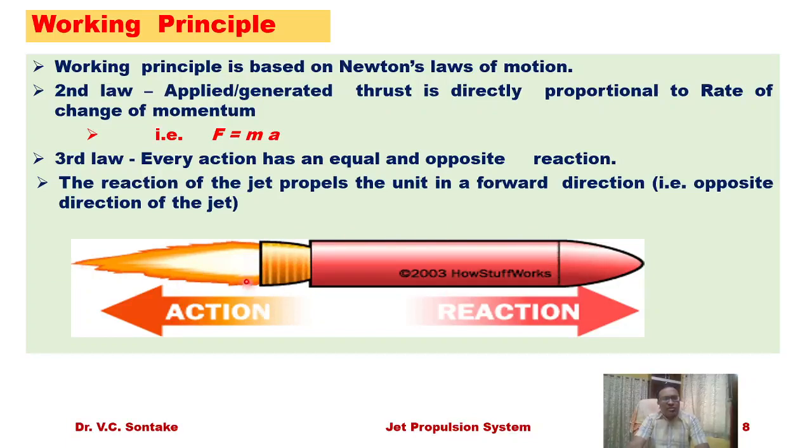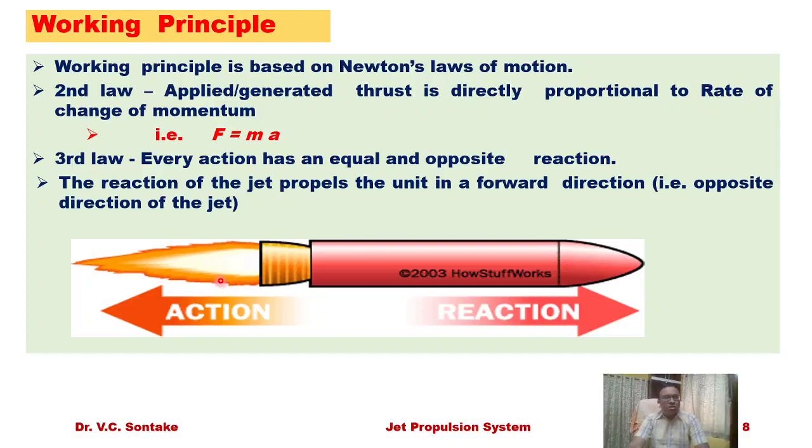So ejecting of the jet from this jet propulsion system is the action, and to this action there will be an equal and opposite reaction, and this will create thrust. This reaction will cause this jet propulsion system to move in this direction, to my rightward direction, which is exactly the opposite direction of the movement of the jet.